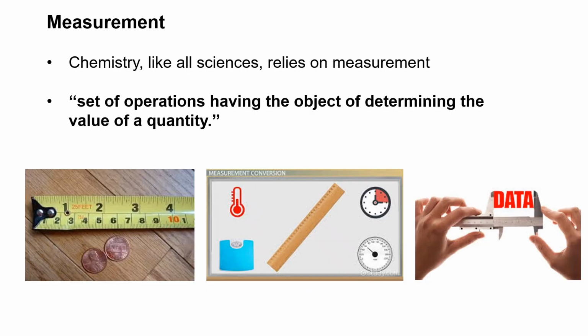these protocols. So first of all, in chemistry we rely completely on measurements, and measurements are of different types. But what are measurements? Actually, they are different types of operations that we perform, and our purpose in performing those operations is to determine the particular values of a specific quantity.